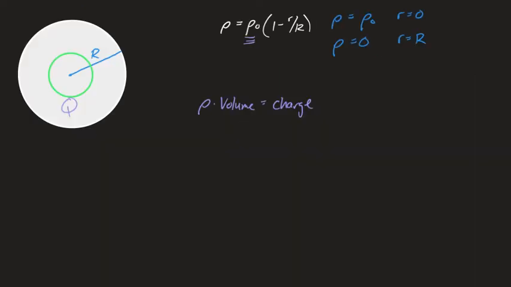I enjoyed that. The charge density has radial symmetry. So each shell would be a slightly different charge density. So if I add up all the shells, that should give me the total amount of charge inside the sphere.